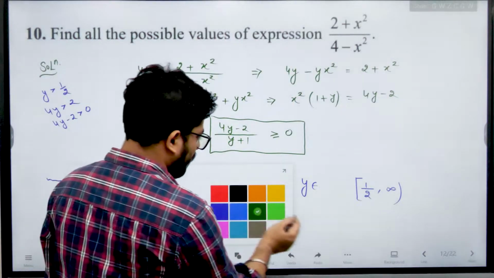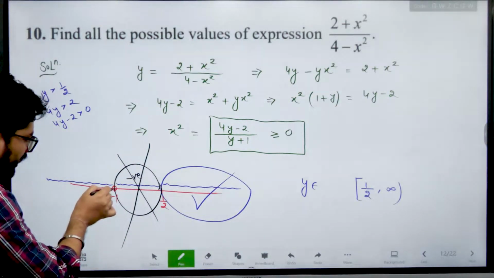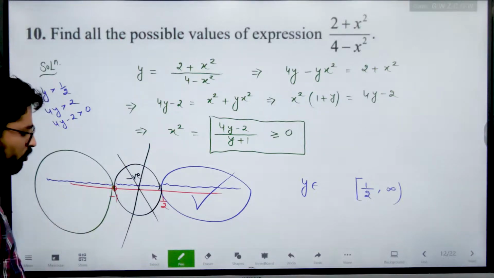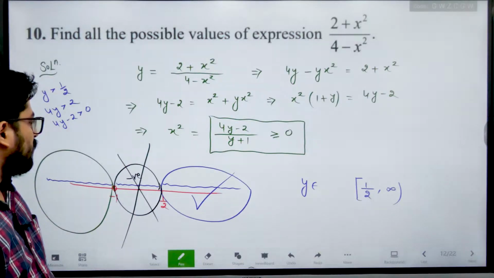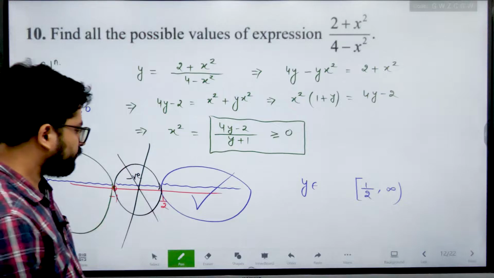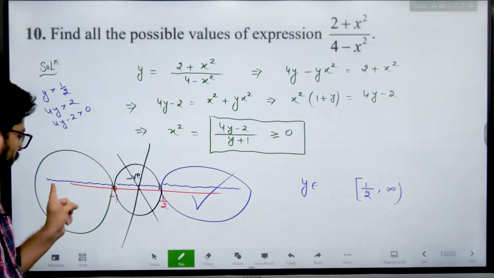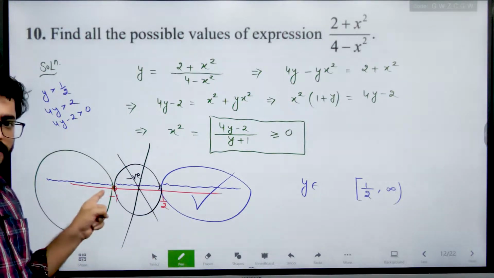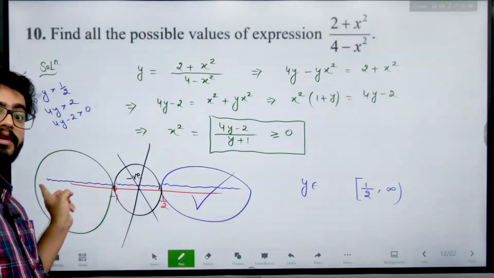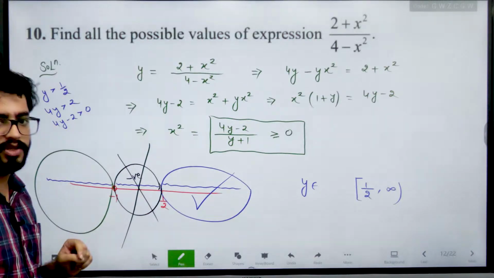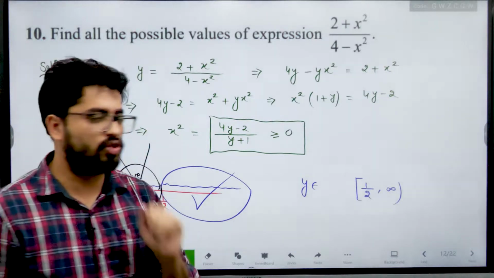Now the last one is what? If we take any value from -infinity to -1, what will happen? In this interval, every value is less than -1. Let's take any value, let's say -2.